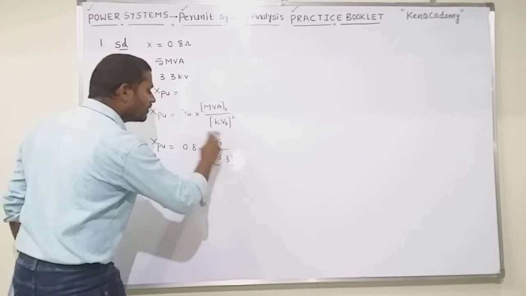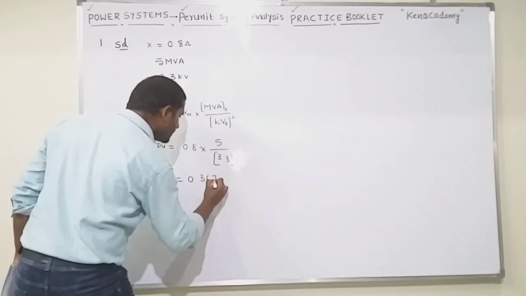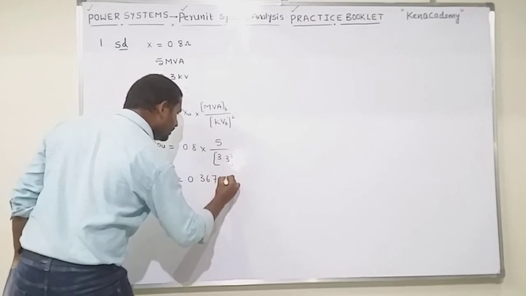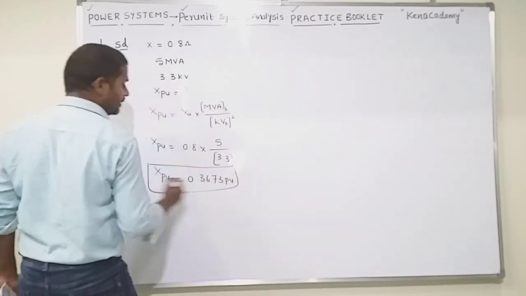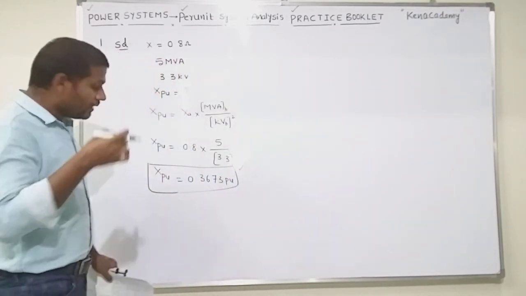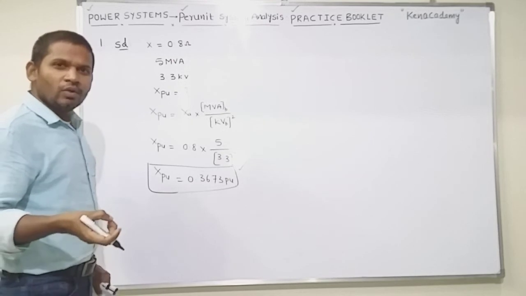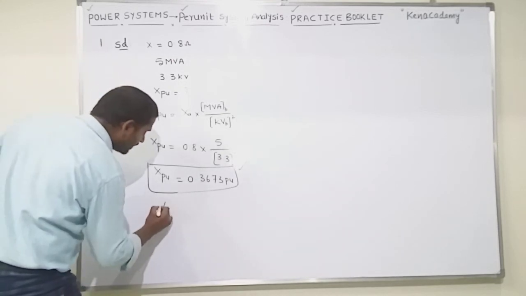All of you having calculators, do that. Then you can get 0.3673 per unit. X per unit is 0.3673 per unit. Okay, this is the solution for that problem. Here I asked only for per unit reactance. We may expect the percentage reactance also. How to get percentage reactance?